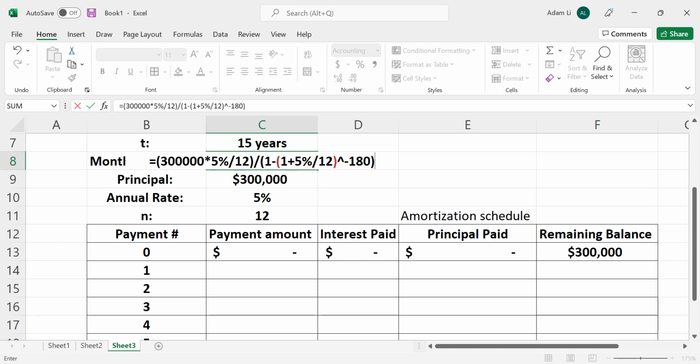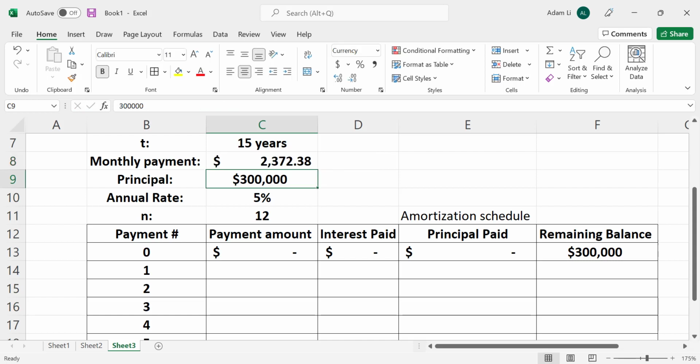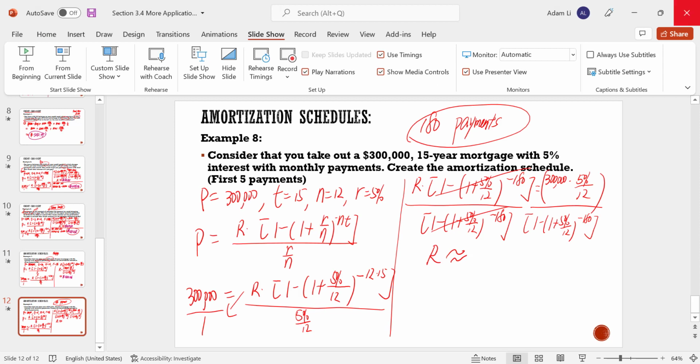Let's see what the monthly payment is. Enter, and we get $2,372.38. So you're paying a lot more, right? $2,372.38. Okay, so this is the regular payment.